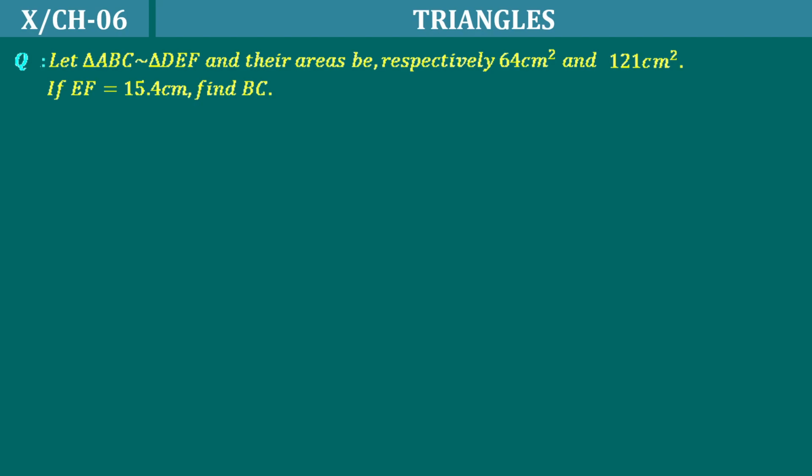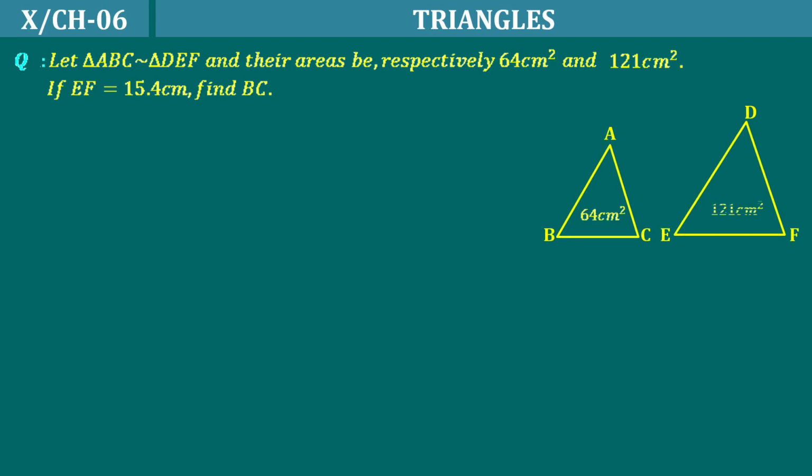If EF, that is one of the sides, is 15.4, find BC. Let us see whether BC and EF are corresponding. Yes, they are corresponding. We have been given the areas of both the triangles and one of the sides, and BC is the corresponding side of the side for which the measurement is given.